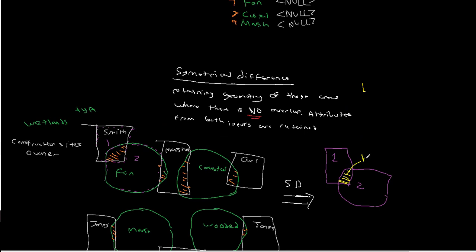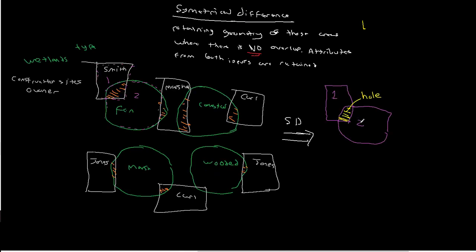There's no data in there. So polygon 1 goes like this. Polygon 2 goes like that. And this piece here is an actual hole. There's no data there. Okay? Make sure that you're clear on that.